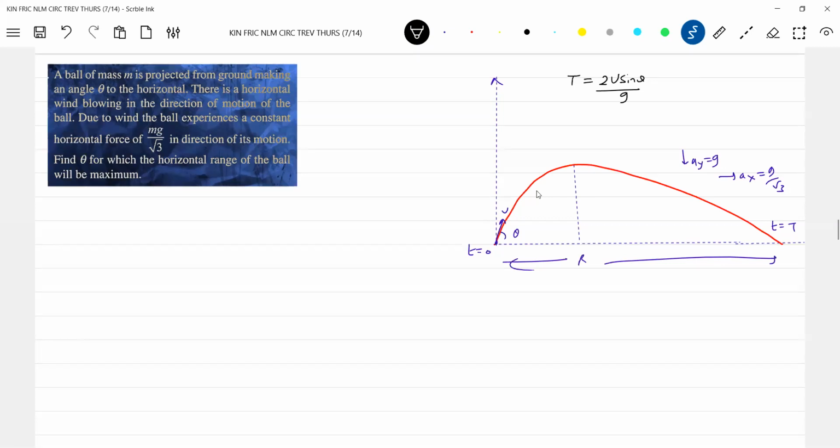So the horizontal range R is equal to u cos theta T plus a_x T square by 2. So this will be 2u sine theta by g, and a_x is g by 2 root 3.